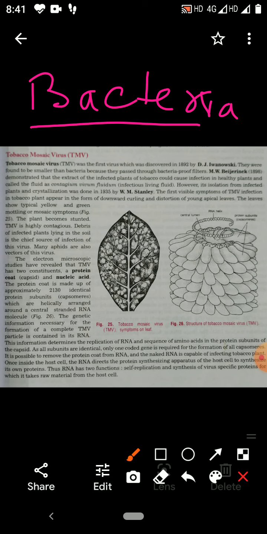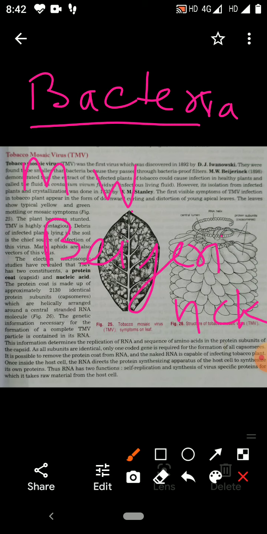This virus was isolated, extracted from the infected plant of tobacco by M.W. Beijerinck. He extracted tobacco mosaic virus from an infected plant of tobacco.